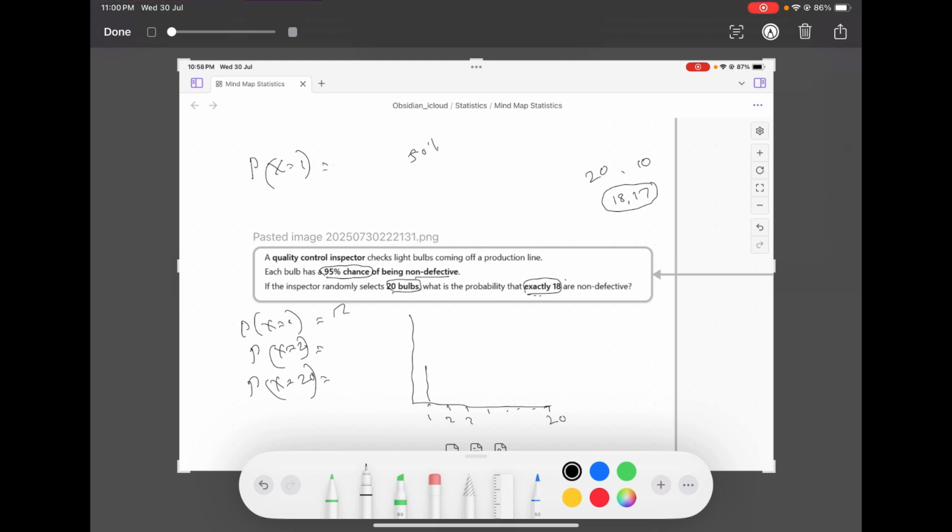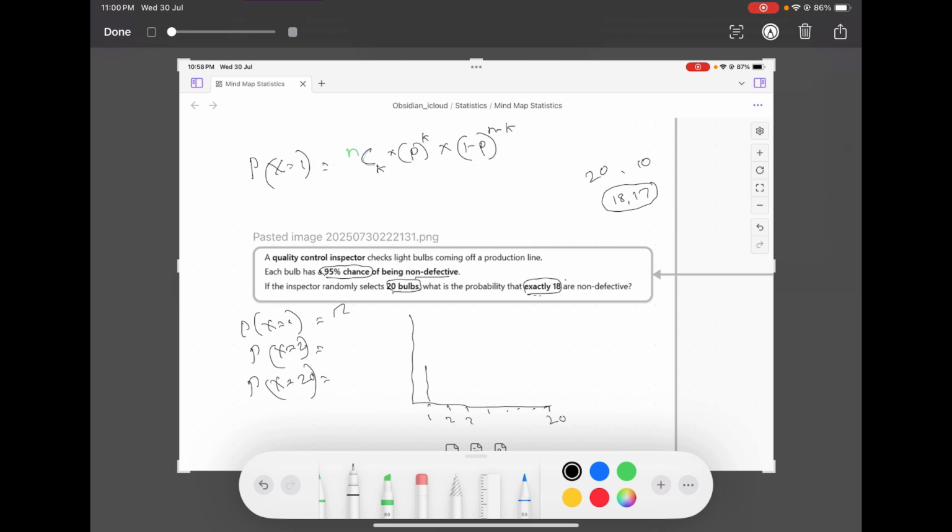P of x equal to 2, etc. So P of x equal to k is NCk into P raised to k into (1 minus P) raised to N minus k.